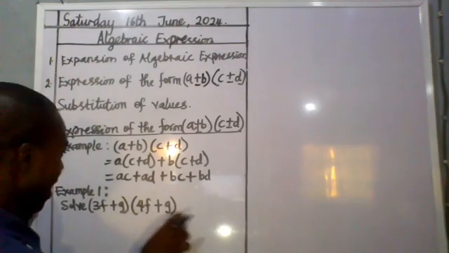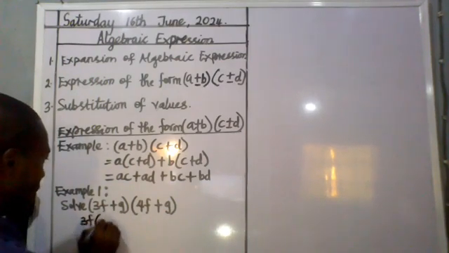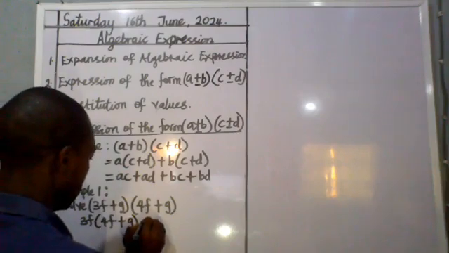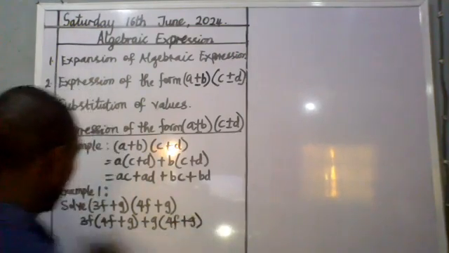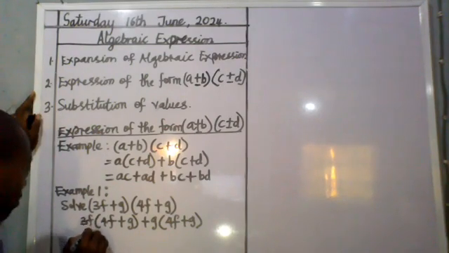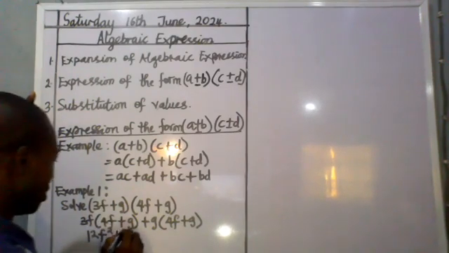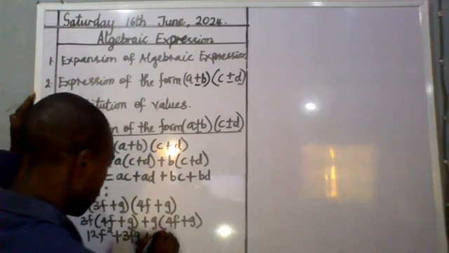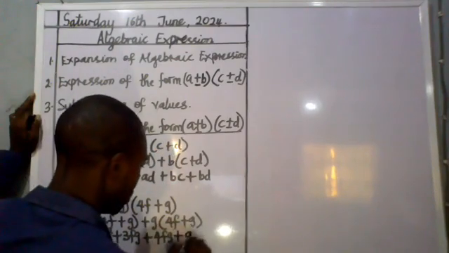3F multiplied by all this and G multiplied by all this, that gives us 3F into 4F plus G plus G into 4F plus G. Now let's solve it. 3F multiplied by 4F will give you 12F raised to power 2, plus 3F multiplied by G will give you 3FG, plus G multiplied by 4F will give you 4FG, and G multiplied by G will give you G raised to power 2.